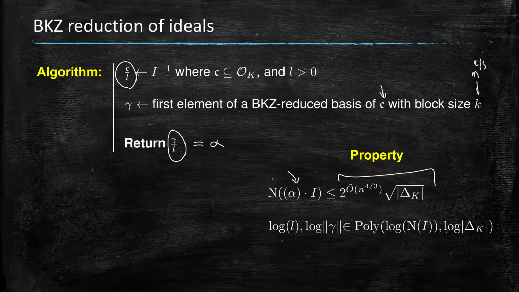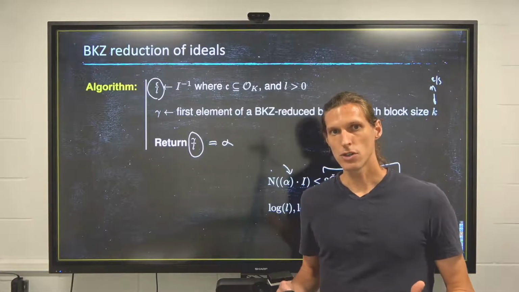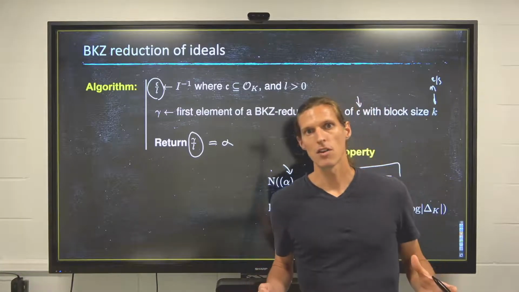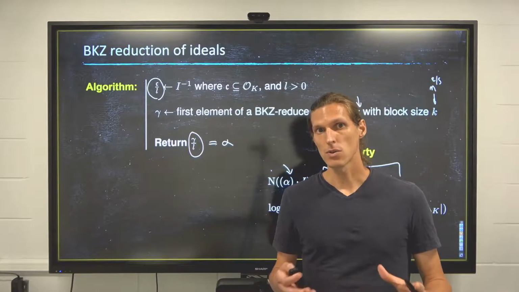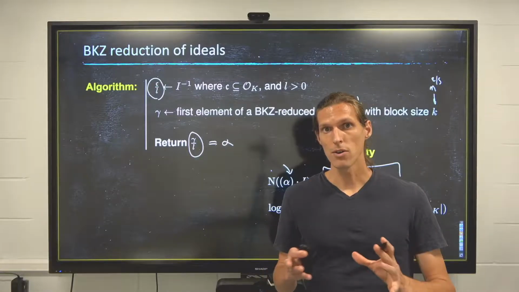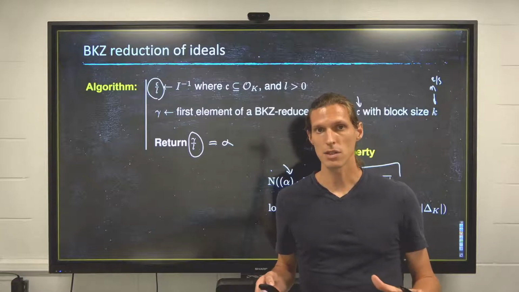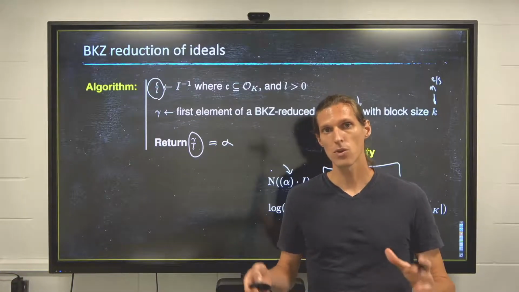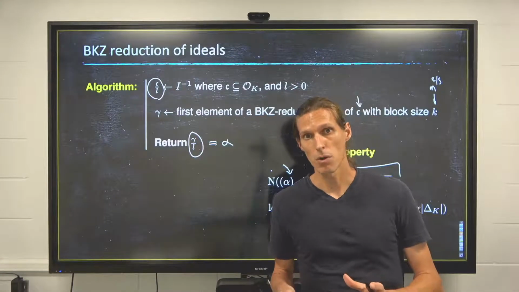It's bounded by the invariants of the field, the degree n and the discriminant delta, in an interesting way, because what we want here is to ensure that it has good odds of being a product of the small primes that are in the factor basis. The smaller that ideal is, the higher the odds that it could be broken down into a product of small primes, much like integers. If you draw integers at random, of course, the larger the integers, the less likely they are to be a product of small primes.